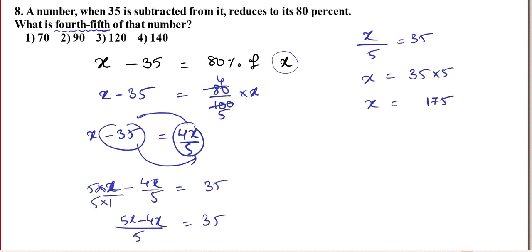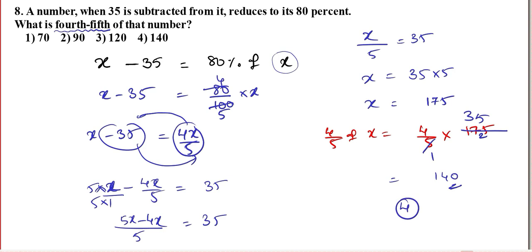We are asked to find 4/5 of it. 4 by 5 times x, that is 4 by 5 into 175. 5 fives are 25... so 4/5 of that number is 4 into 35, that is 140 that you get. So the fourth option is the correct answer.